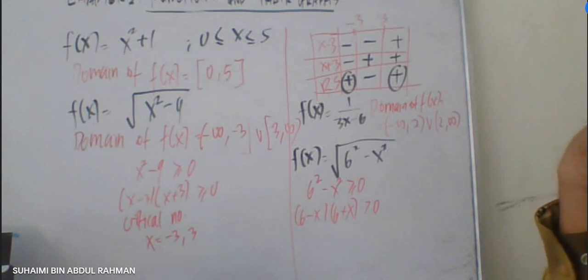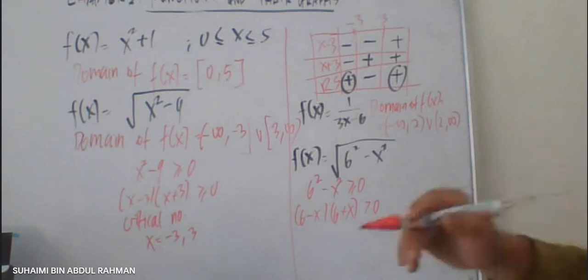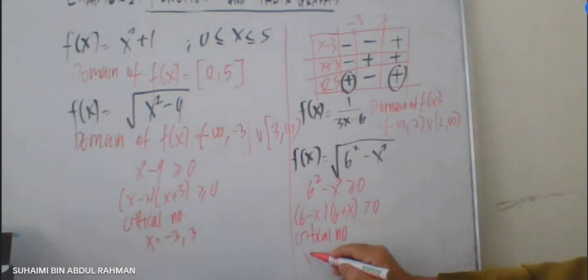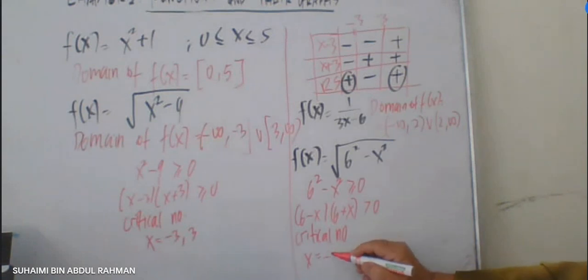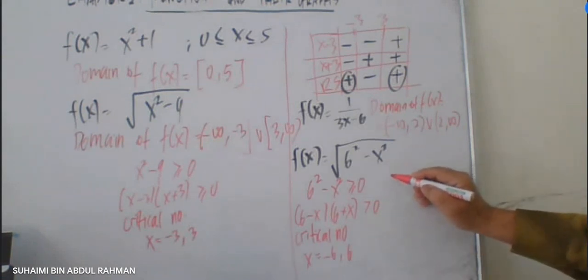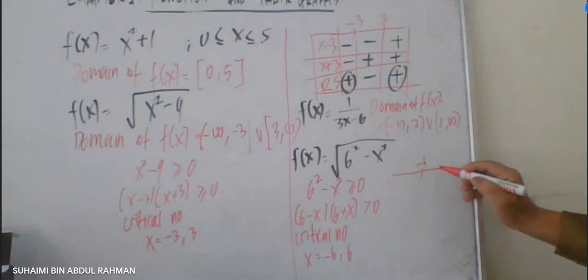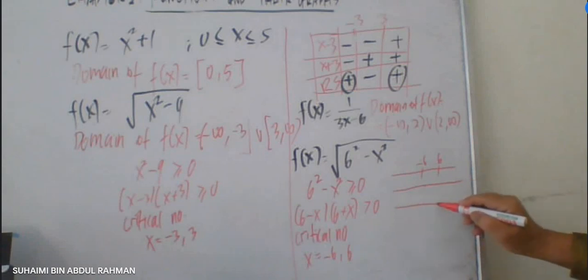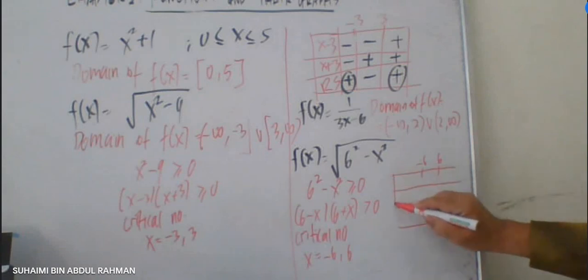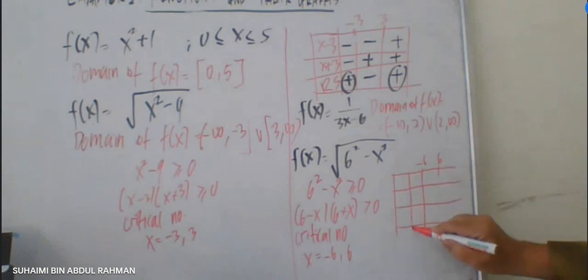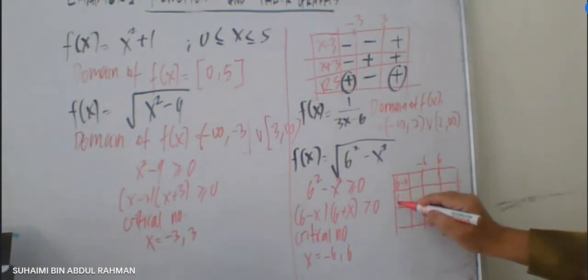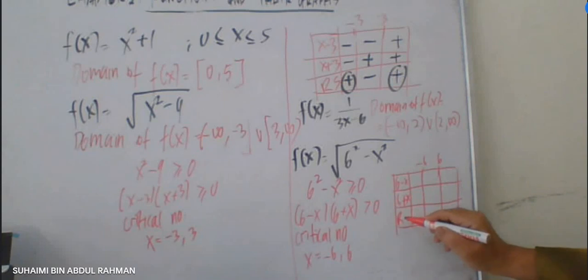Critical number. So our critical number x is plus minus 6, minus 6 and plus 6. So sign diagram: minus 6, plus 6. 6 minus x, 6 plus x, resulting sign.